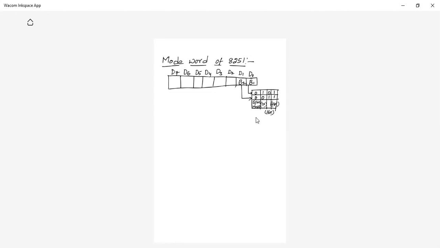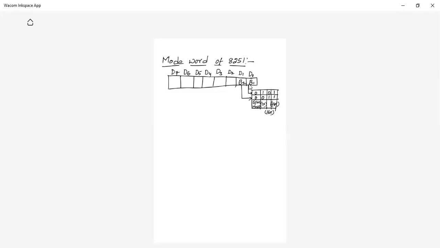Right. So in asynchronous mode, the baud rate may be 9600, the number of bits transmitted per second. We can change the baud rate. The maximum baud rate that we can achieve with the 8251 is 19,200 bits transmitted per second. So that is 19.2 K. So that is the baud rate.